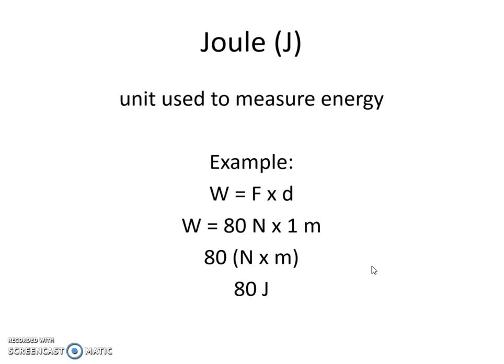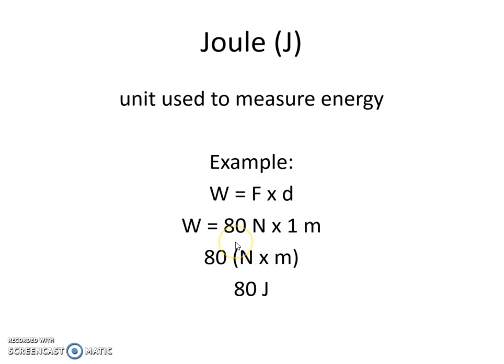Now we can measure work using our formula: work is equal to force times the distance. Work is measured in joules, and this is a unit to measure energy. Here's an example. If we wanted to calculate work, it is force times distance.